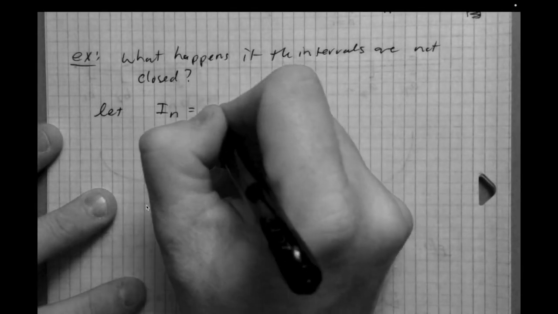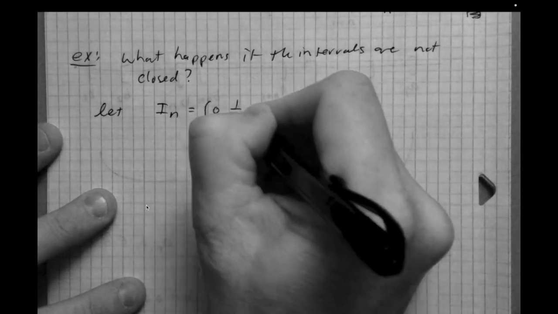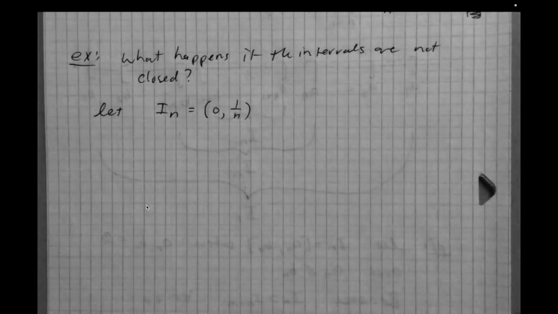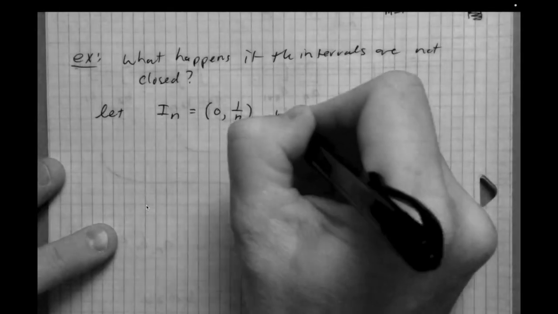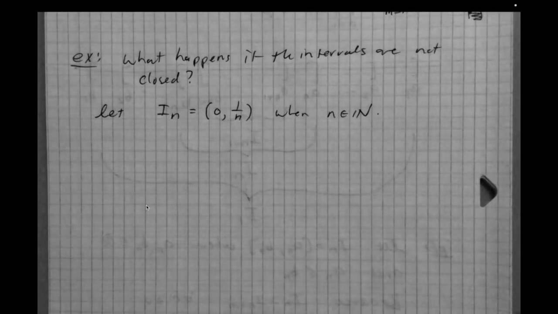Let's let I sub n equal the open interval from 0 to 1 over n, where n is a natural number, right? And so you'll have the nested property here.